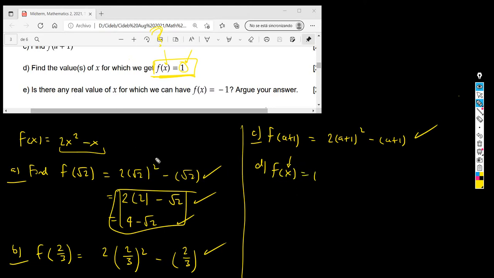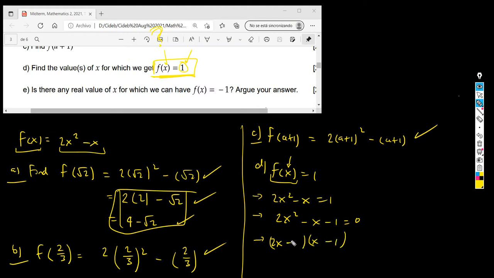And basically all you have to do is this. If f of x is equal to this, then just put it here. That's it. And obviously solve the resulting equation. 2x squared minus x minus 1 equals 0. Probably this can be solved by factorizing. Let's try it out. This is the factorization of this trinomial.